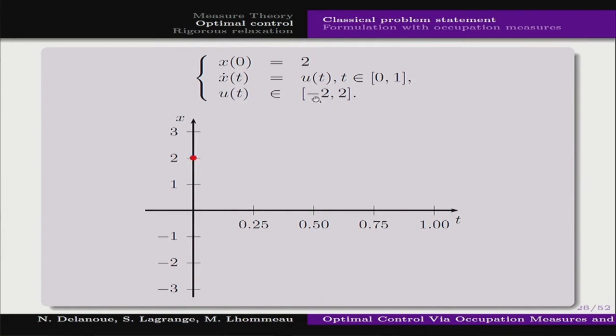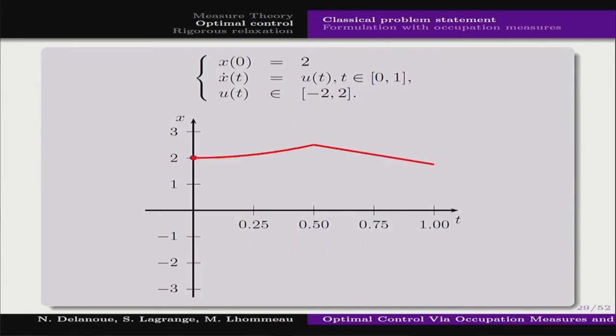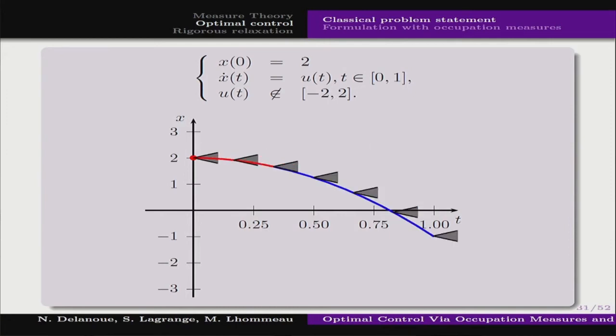So what does it mean? It means that the slope of the curve cannot be bigger than 2 or less than -2. I can do this everywhere, and of course I can draw trajectories. For example, this trajectory satisfies the constraints, but this one does not, because the tangent to the curve is not contained in the interval here.